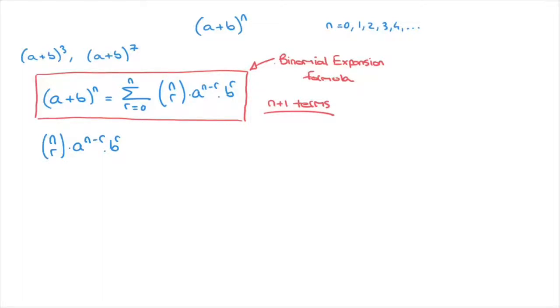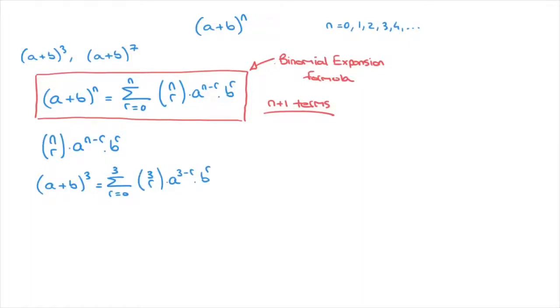Here's how that expression actually works. Let's say we had to write all the terms in the expansion of (a + b)^3. Then, according to the binomial expansion formula, this should equal the sum from r = 0 up to 3 of the product of the binomial coefficient 3Cr times a^(3-r) times b^r.